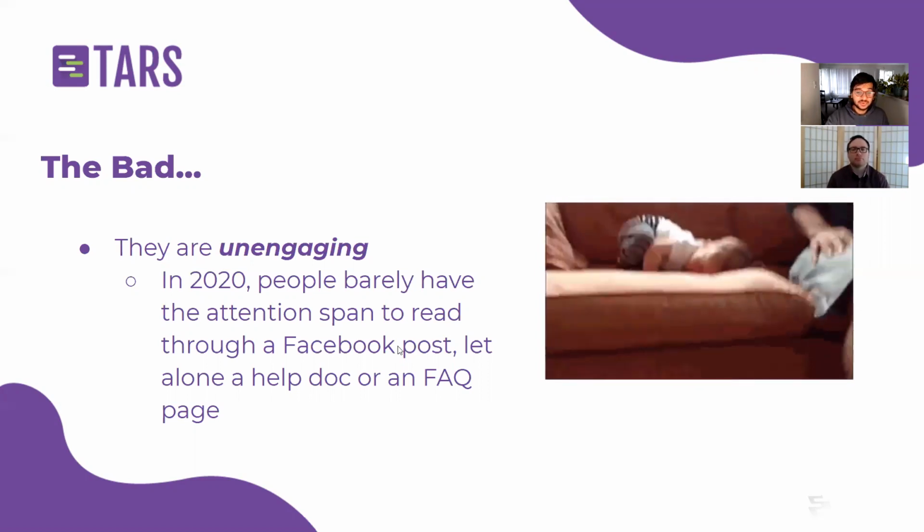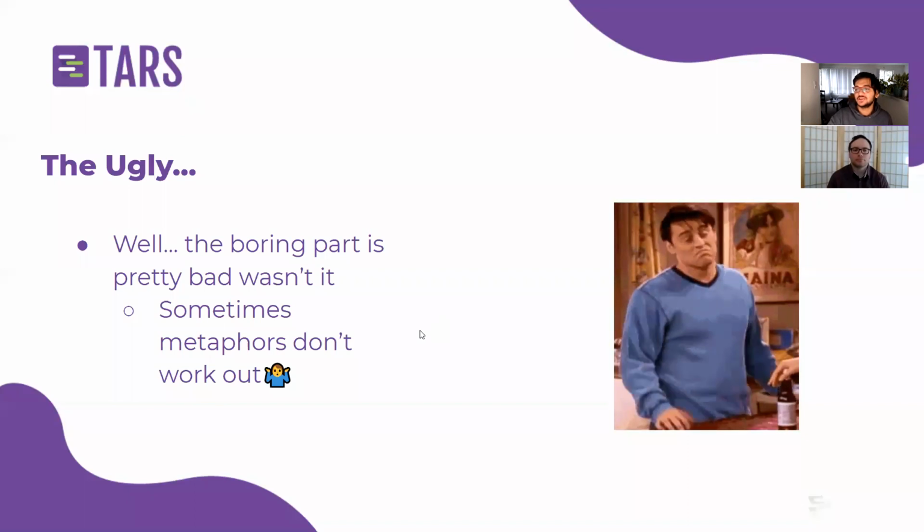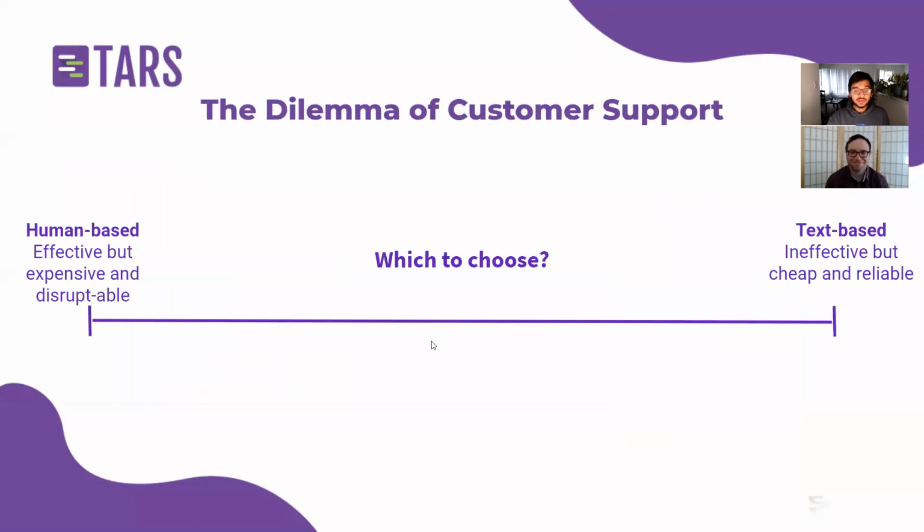With that, we don't really have an ugly when it comes to customer support. We thought the bad was pretty bad. Sometimes the metaphors just don't work out. But with that, we have a sense of what issues customer support people and entrepreneurs face when it comes to implementing an efficient customer support system.